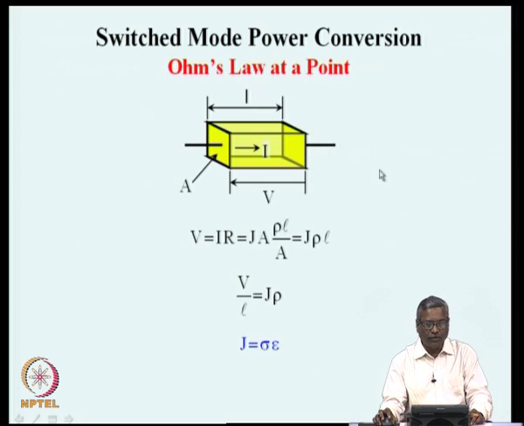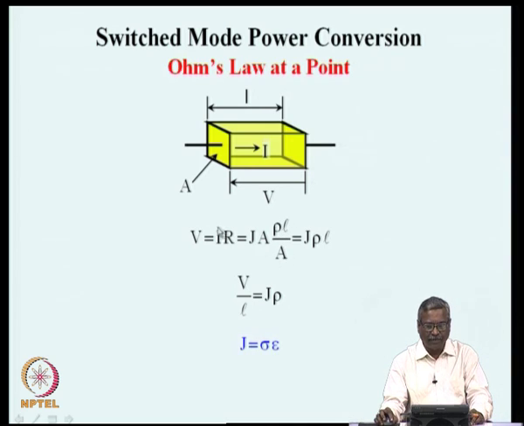Now, if we try to define Ohm's law at a point, it is possible to modify these quantities in a slightly different way. This I may be defined as the current density in any region multiplied by the area of that region. As the current is flowing through the conductive element, the current I can be replaced by current density and the area of that region, and the resistance in any particular region may be replaced by the resistivity or the specific resistance multiplied by the length of the conducting path divided by the area of the conducting path.